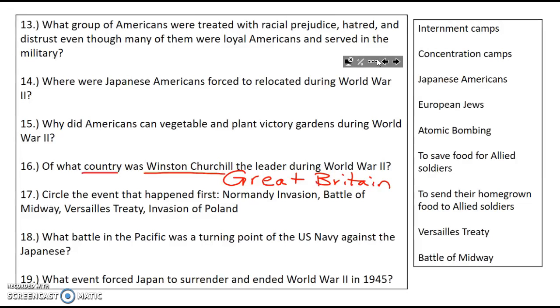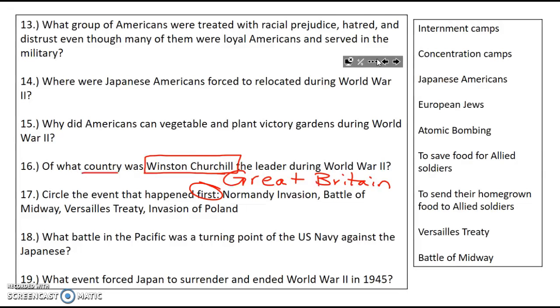Winston Churchill was known for the victory sign, and he was skeptical about Adolf Hitler at the beginning. He didn't like the policy of appeasement. That's something you'll learn more about later on in high school U.S. history.